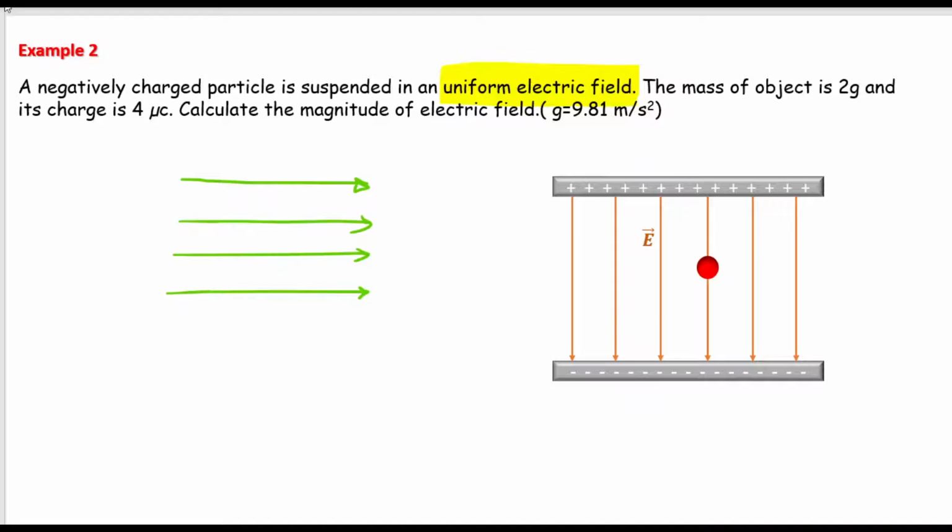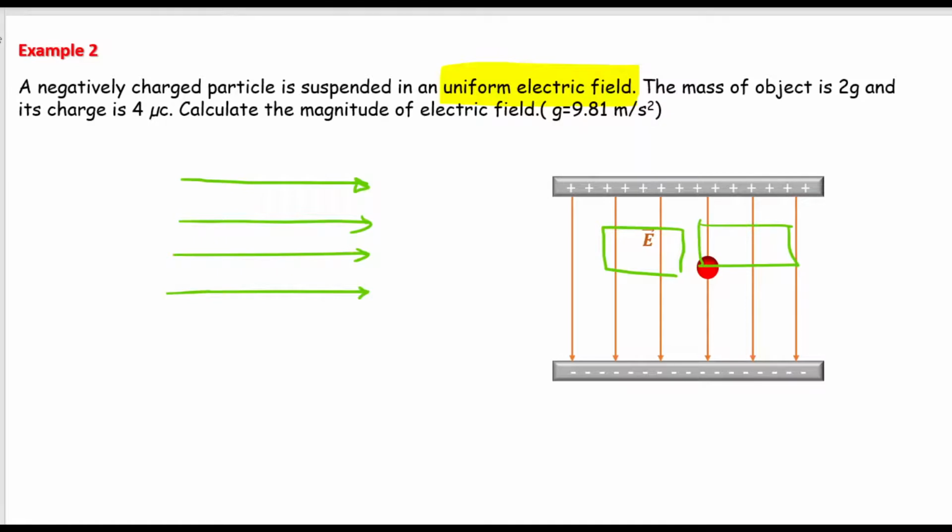Then in between them, you can have very fine parallel electric field lines. The density of electric field lines, I mean the number of lines per unit of area, is the same here.